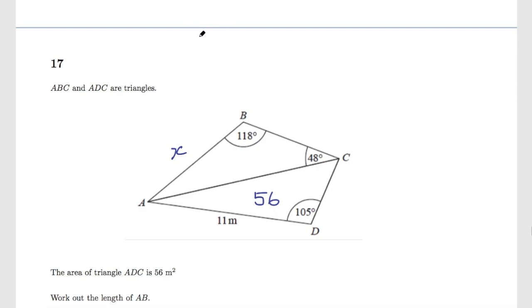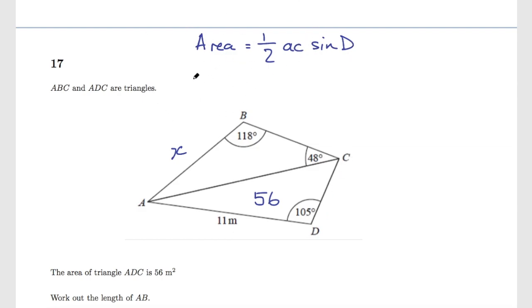So the first formula we need is the sine rule for the area of a triangle, and that equals a half AC sine D. So that's saying if we take 2 sides and the angle in between them, we can find the area of a triangle. And what that's going to allow us to do is to find this side, CD.